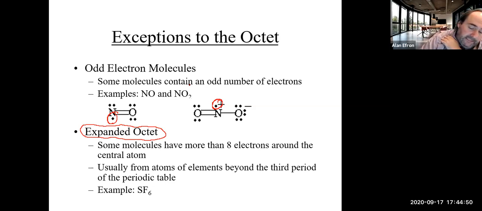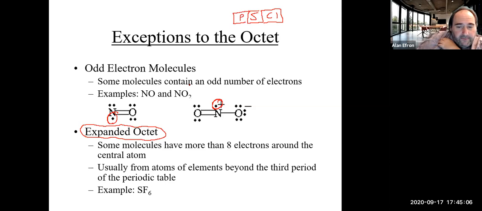And pretty much if you look at a periodic table and you look right around where sulfur is, so you've got sulfur, you've got some chlorine, you've got some phosphorus.